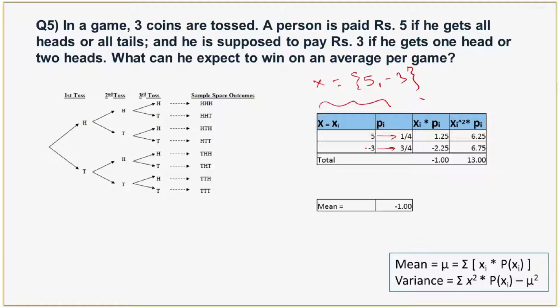Once we arrive at the probability distribution table, we just multiply the values of xi and pi and then add them up to get the mean value.